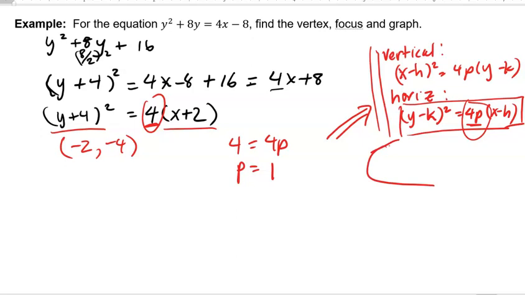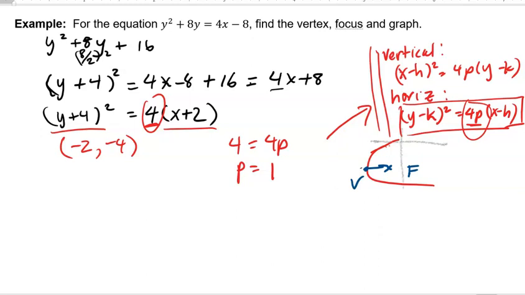And we will assume that our focal distance, which is the distance from the vertex to the focus, is 1 unit. So my vertex is located at the point -2, -4. And so I'm going to draw my grid around it, but I know that this is going to be in the third quadrant because both x and y are negative.